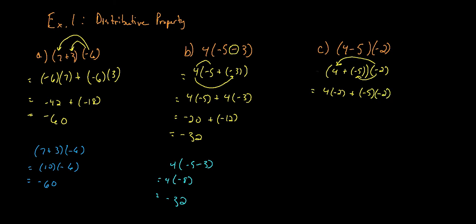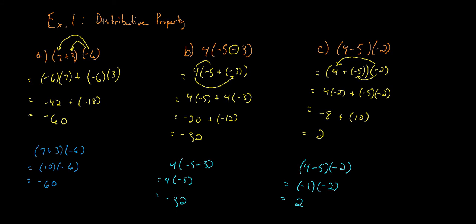That equals -8 plus 10, which equals 2. And again, checking our solution, 4 minus 5 times -2, that equals -1 times -2, which equals 2. The same solution we got when using the distributive property.